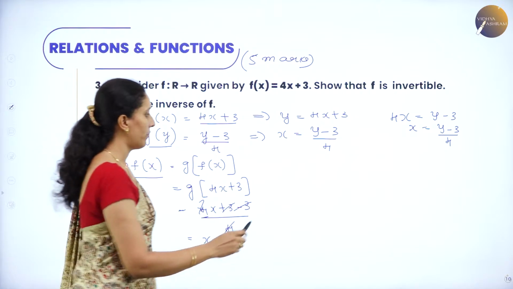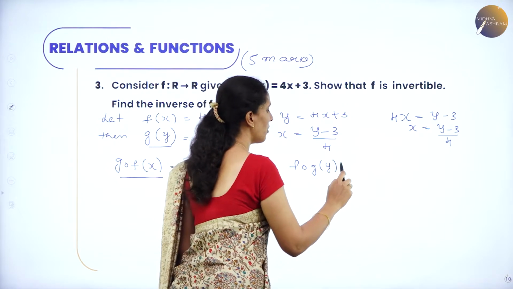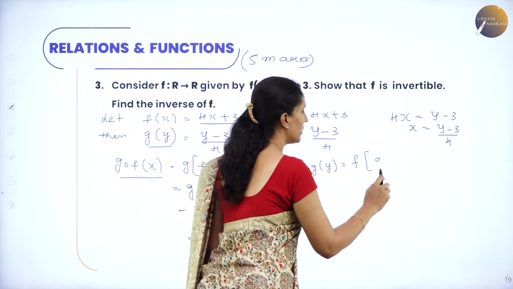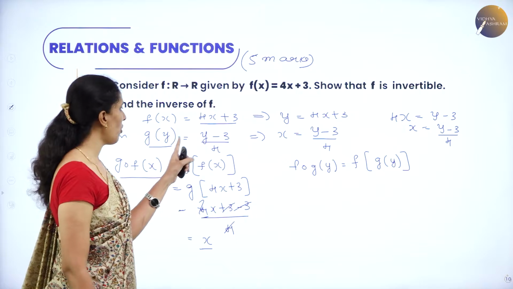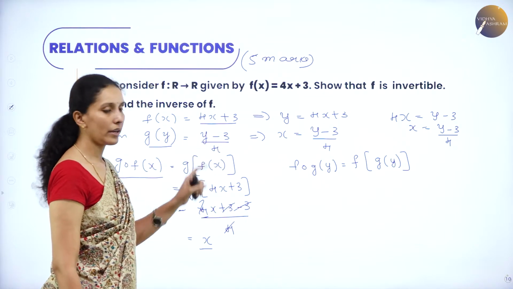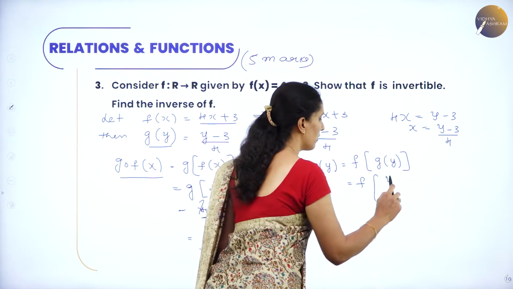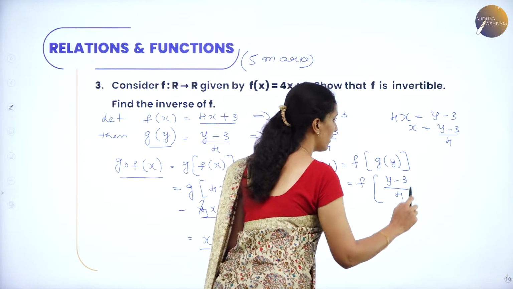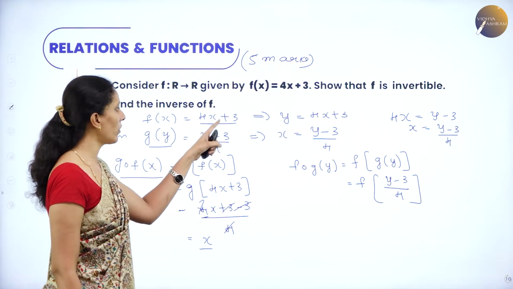Now let's verify for f naught g of y. f naught g of y means f of g of y. So what is g of y? g of y is nothing but (y minus 3) divided by 4. So this can be written as f of (y minus 3) divided by 4. How is the function f defined? f of x is nothing but 4x plus 3.